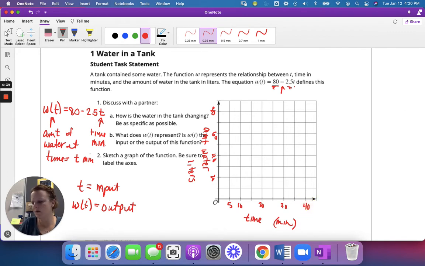So every minute we lose 2.5 liters. That means every 5 minutes we would lose 12.5 liters. I just did 2.5 times 5. So if we start out with 80, that's time equals 0, we have 80 liters. And let's see where we are at time equals 10.